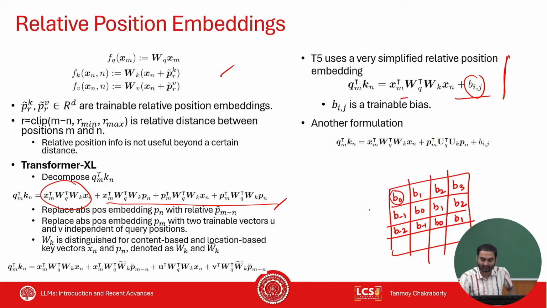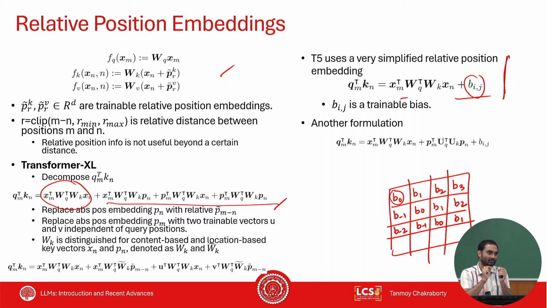This B0 is the bias or the learnable parameter, which indicates the relative position between a current position with itself, right? 3 with 3, 4 with 4. What is B1? B1 indicates the distance between 3 and 4 or 7 and 8, 1 and 2, right? 2 words, 2 subsequent.